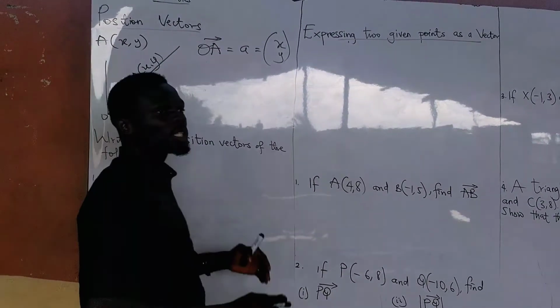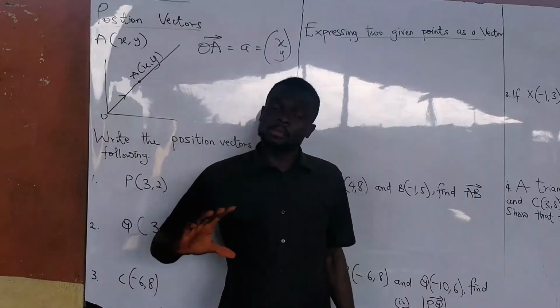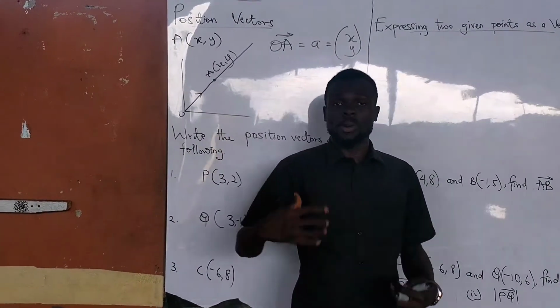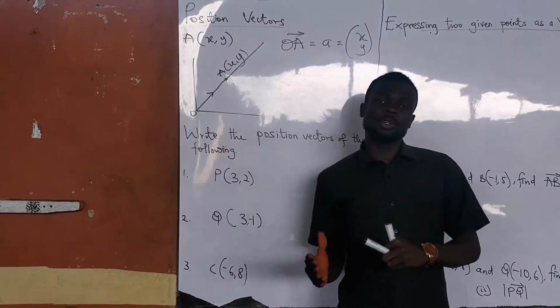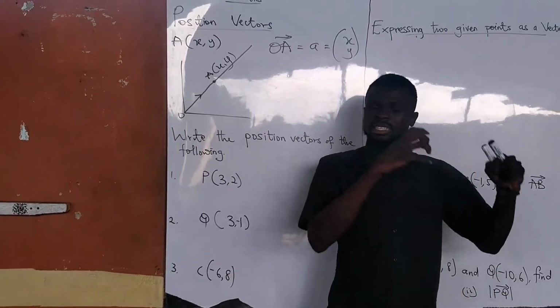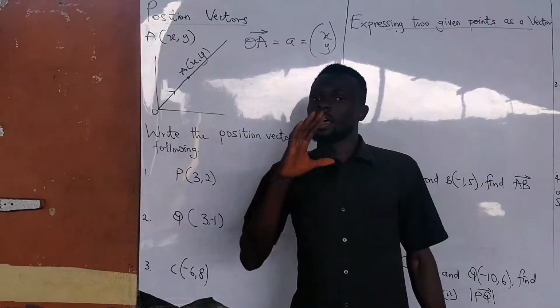When we say position vectors, they are simply the vectors of a point, or when we transfer a point into vectors, that vector is a position vector.